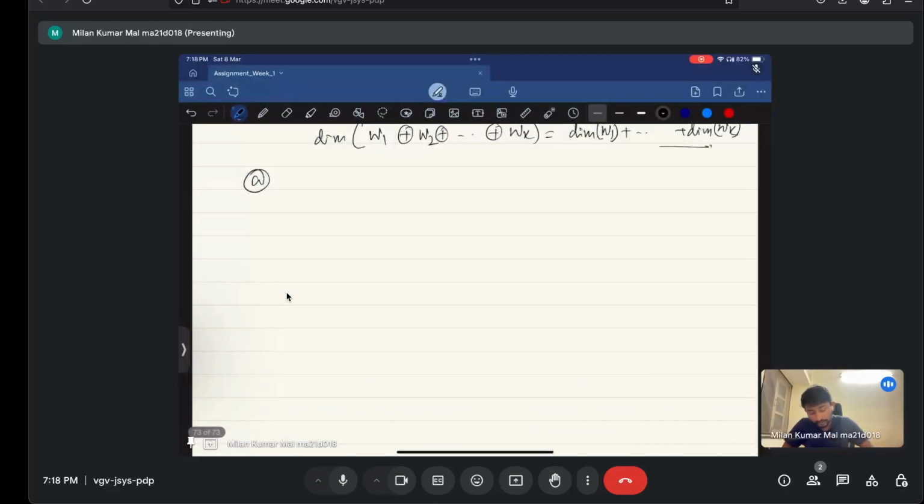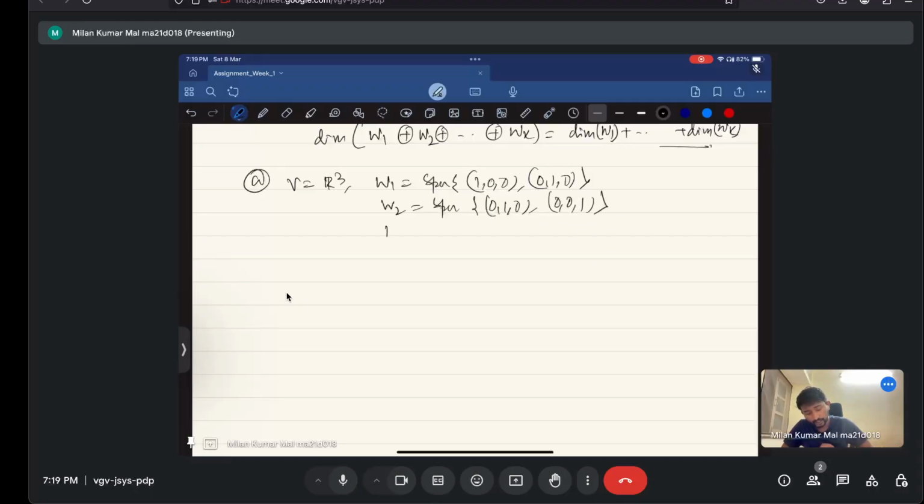Okay. For example, let's take V as the vector space R3, and W1 is the span of the vectors (1, 0, 0) and (0, 1, 0), and W2 is the span of (0, 1, 0) and (0, 0, 1), and W3 is the span of (1, 0, 0) and (0, 0, 1).